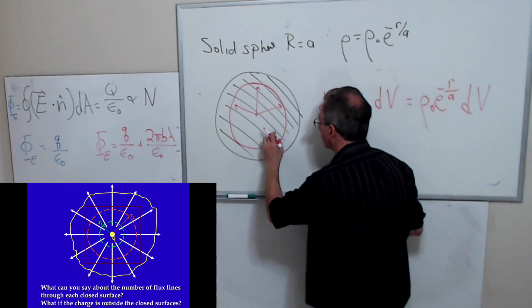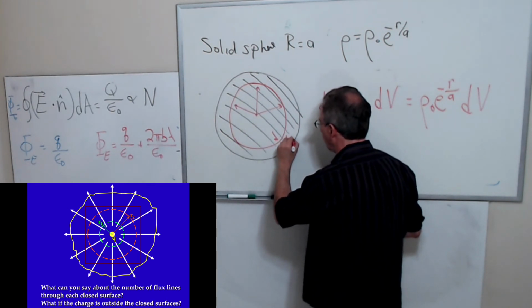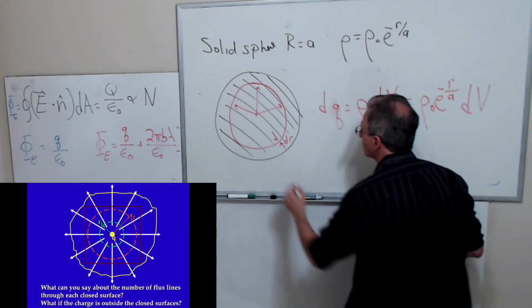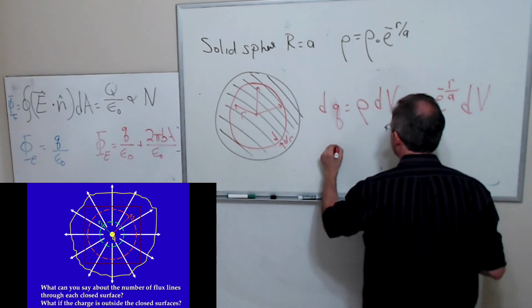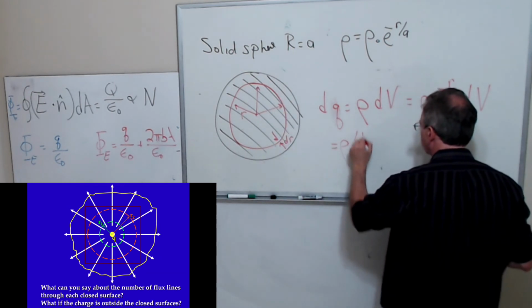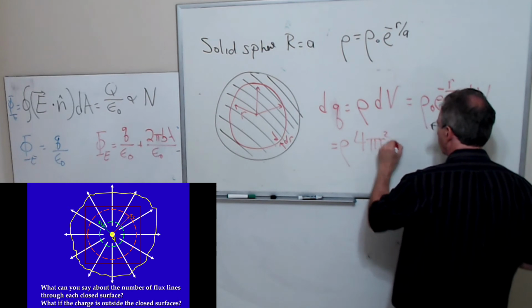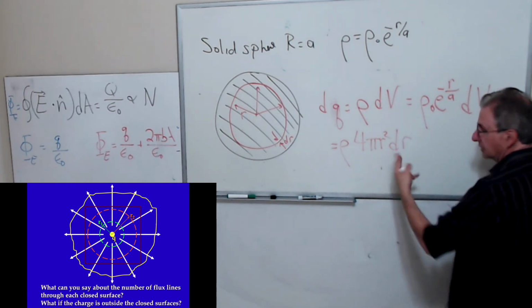What is the volume of this sphere that's thickness dr and radius r? Well, dV is going to be the surface area times the thickness. Surface area times thickness gives you the volume.